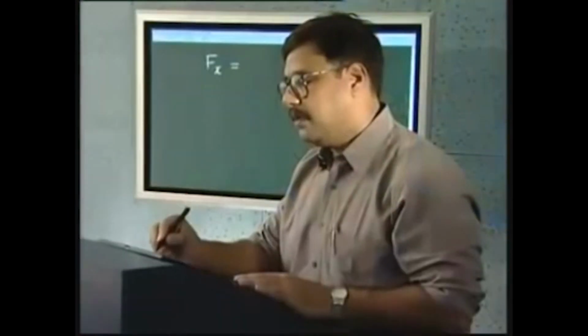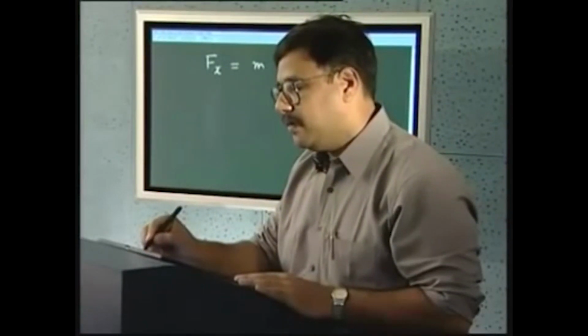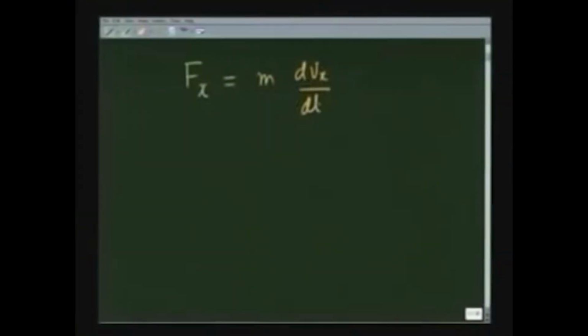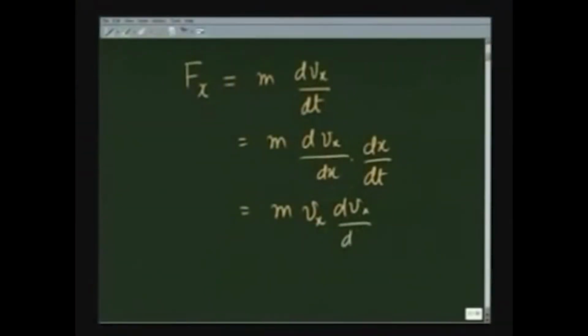So, F, let us take now only x direction, is equal to m d vx dt, which I wrote as m d vx dx dx dt, which is m vx dvx over dx, which is m over 2 d over dx Vx square.